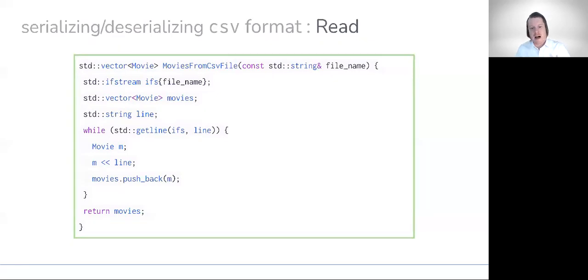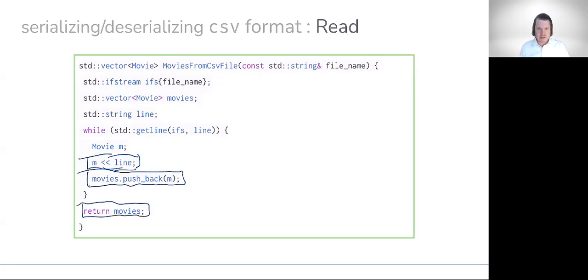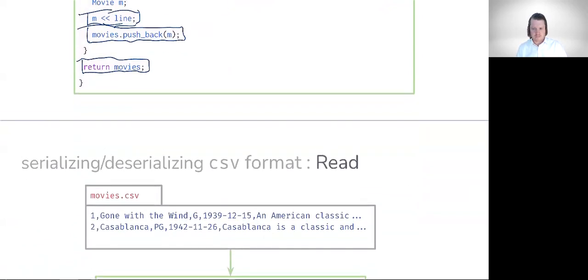So while there's a line in it, there's a movie object to get, pull it out, and insert that line into our movie object M, push M back to our collection of movies, and continue this process until we've read the last line, after which we'll return our collection of movies in vector form.